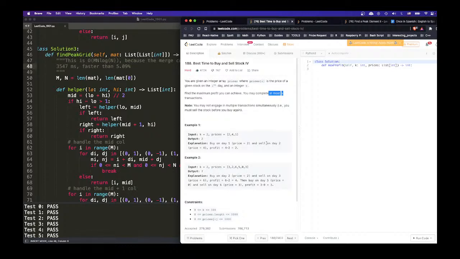So what's the initial condition? Initial condition is like it's in the buy, right? And we cannot sell, so initially we can buy. So we either buy or we don't buy, right?